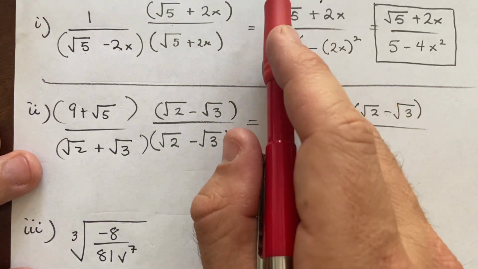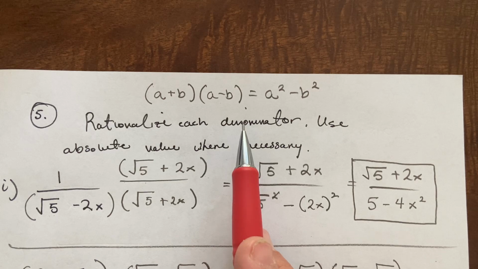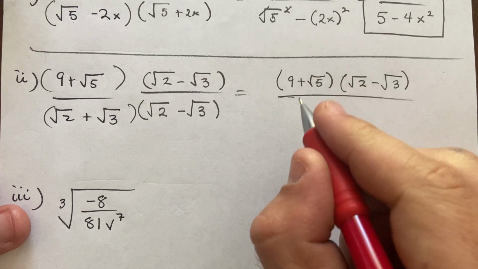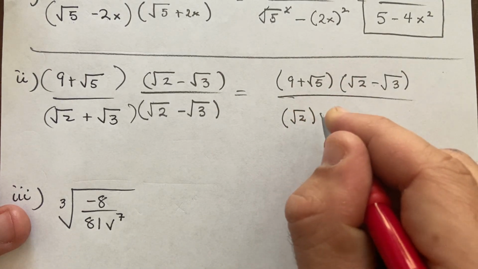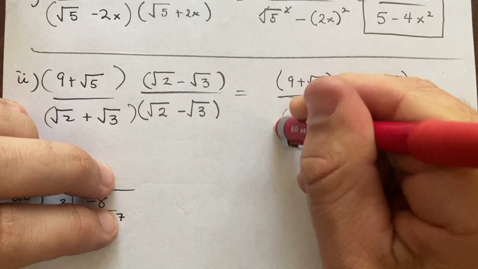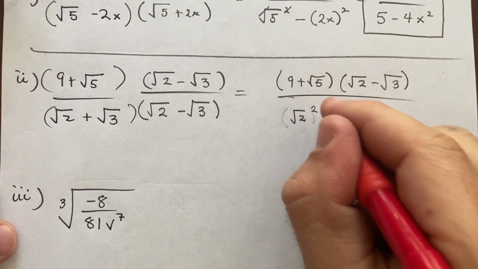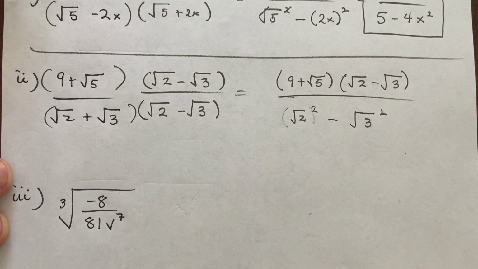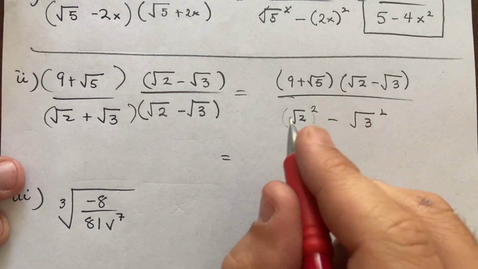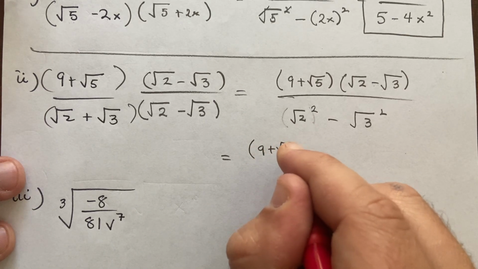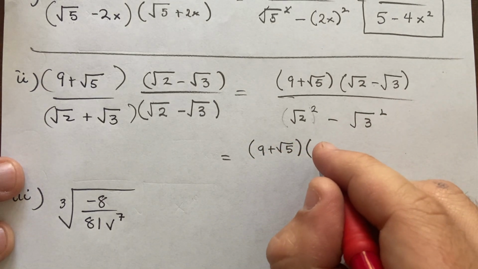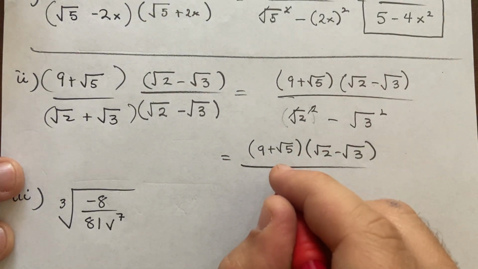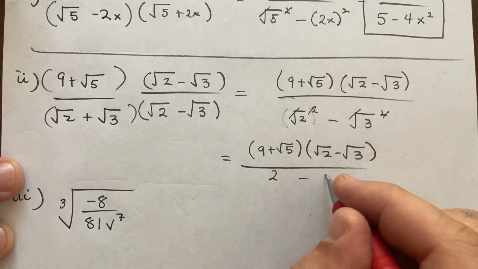And then again, just to use this shortcut, I should have a squared minus b squared. So in other words, root 2, I don't know that I need parentheses, I'll just write it as root 2 squared minus root 3 squared. So in other words, we're getting 9 plus root 5 times root 2 minus root 3 over 2 minus 3.